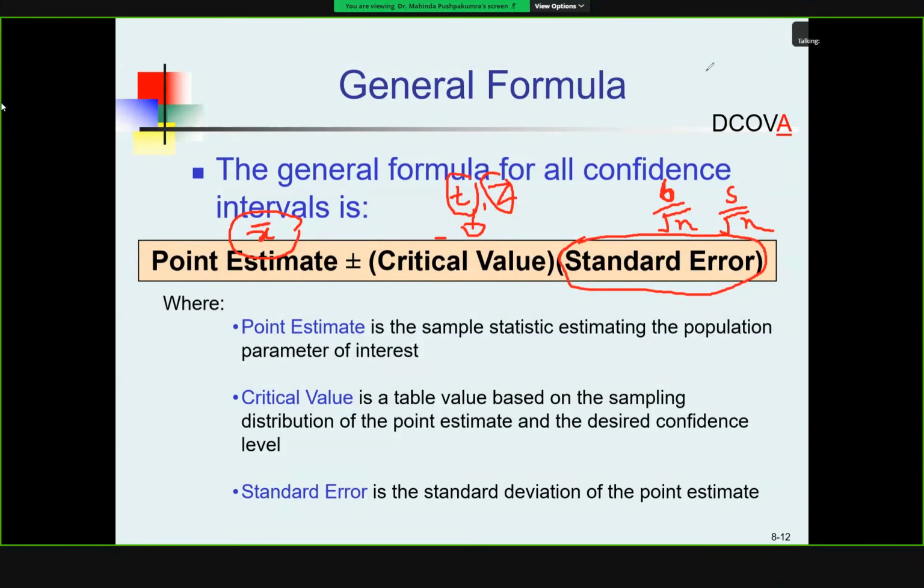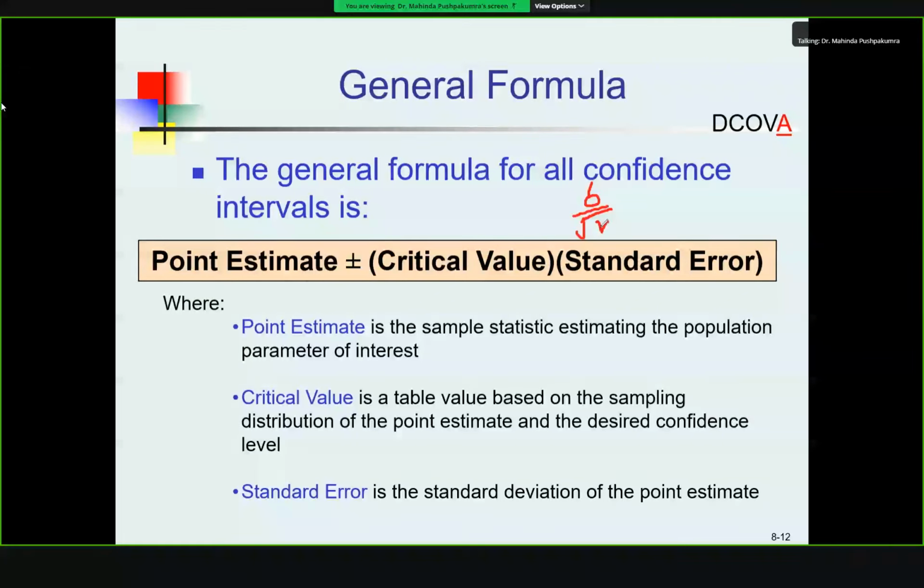Whether you use T or Z is based on whether you know the population standard deviation. If you know the population standard deviation, then the standard error of the mean is equal to this formula. Then to get the critical value, you can use Z table.